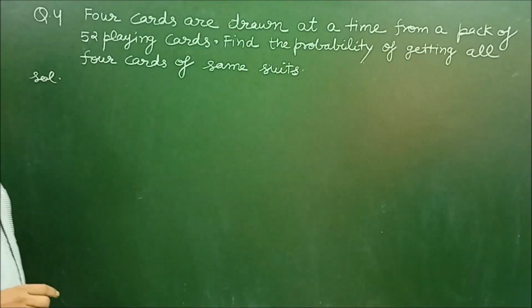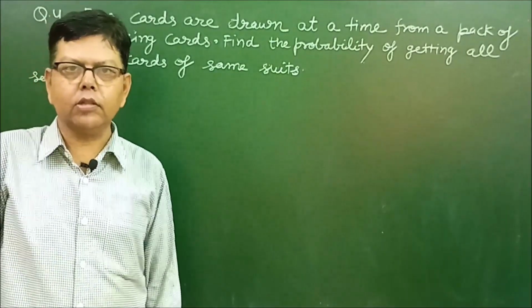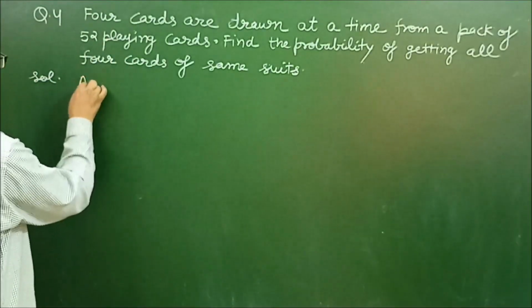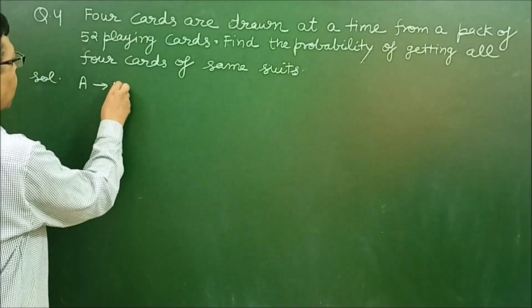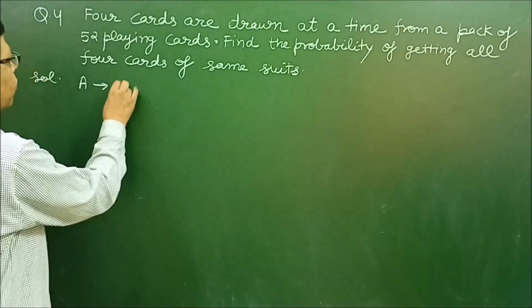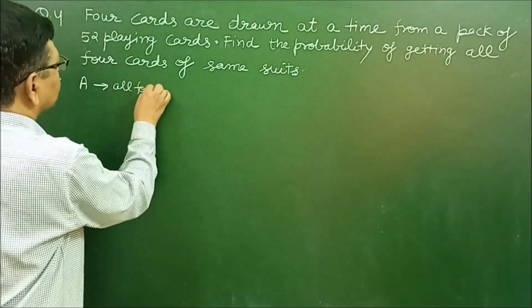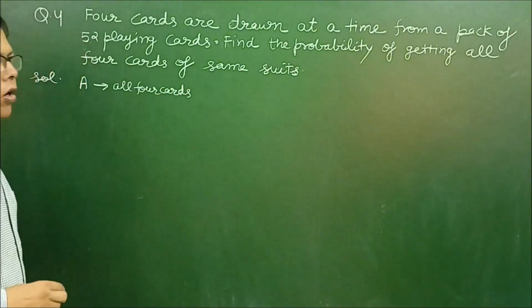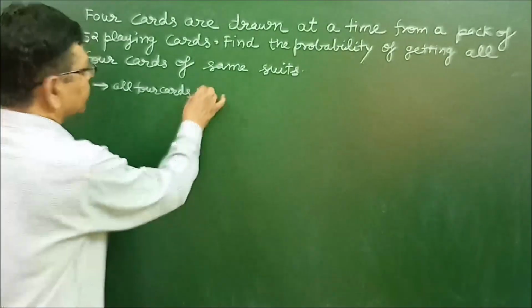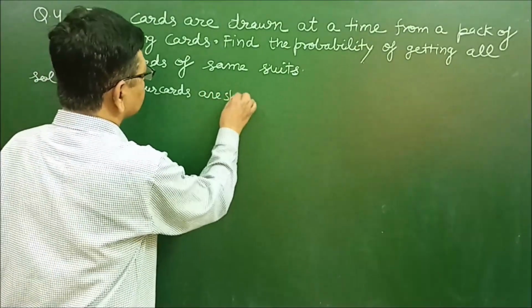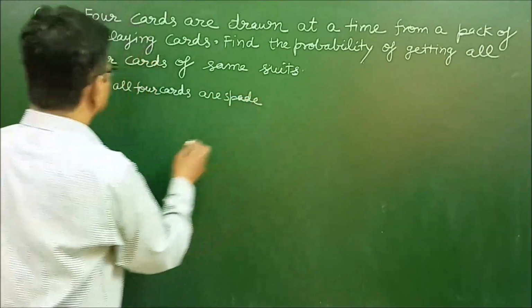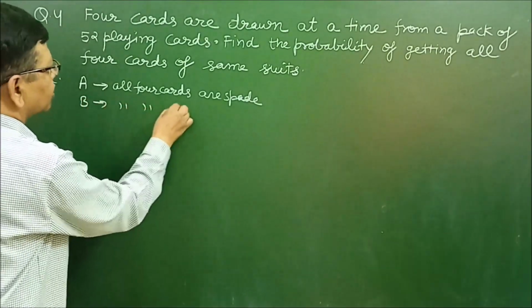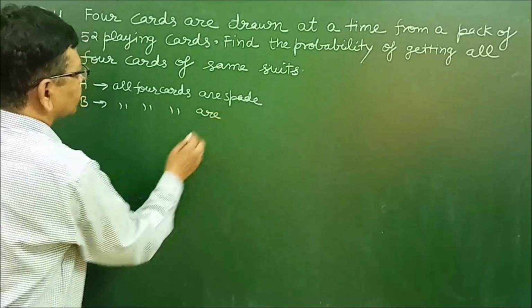First, let us describe the events associated with this problem. So, event A is all 4 cards are spade. B event, all 4 cards are clubs.